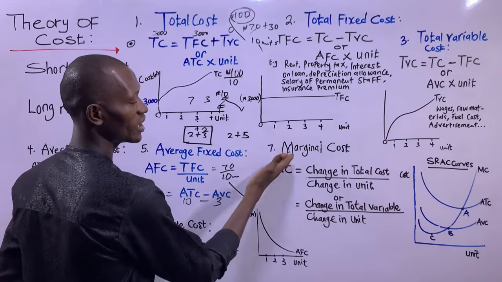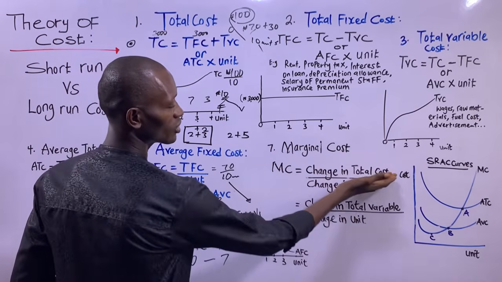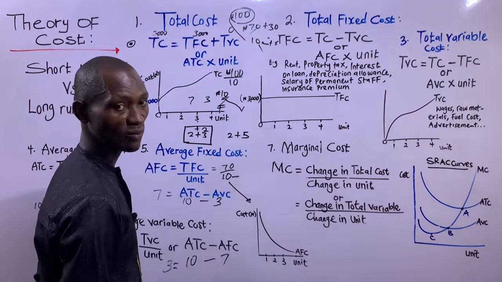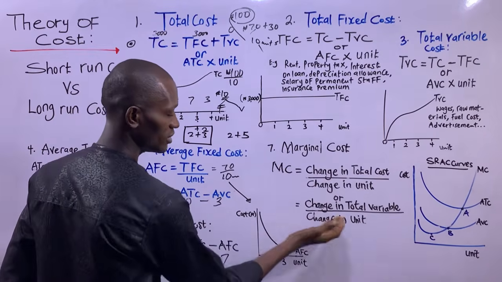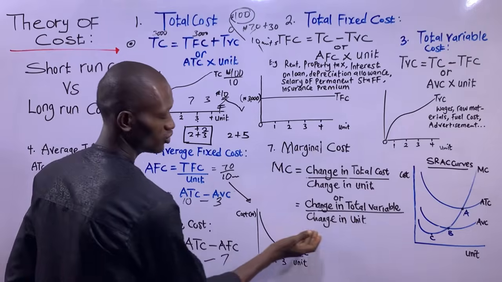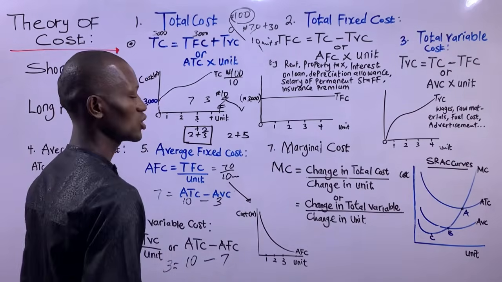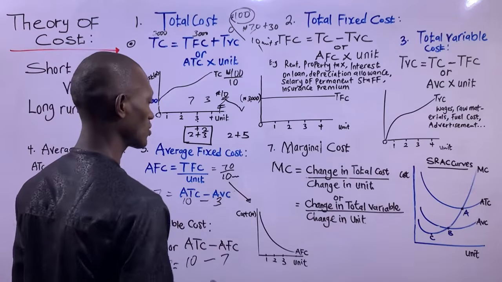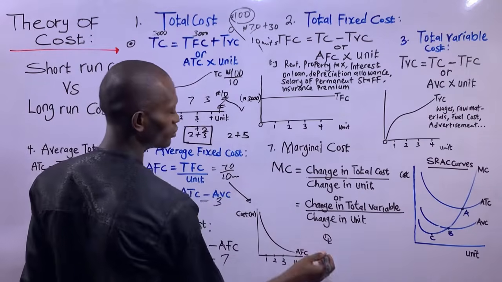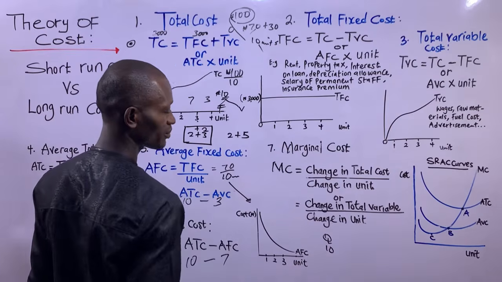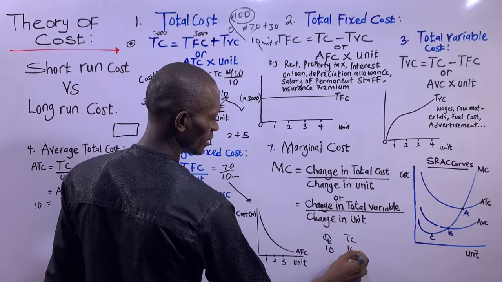So if we want to get our marginal cost, we can either use change in total cost divided by change in units of output, or change in total variable cost divided by change in units of output. So let's depict that here to see how we get our marginal cost. This is what we have. We have quantity here. We produce 10 units. The total cost of producing that is 100 naira.